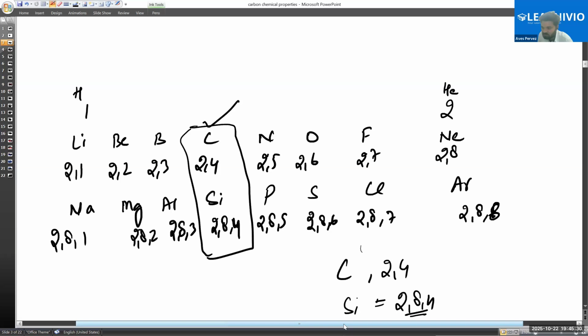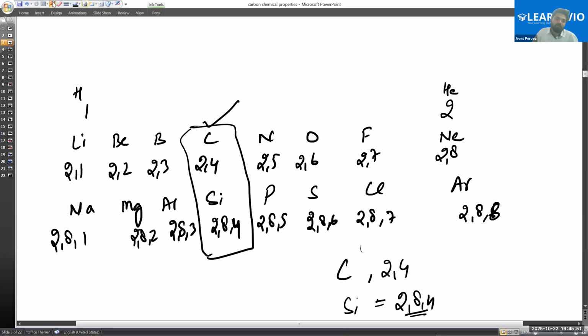It cannot make strong bonds because the effective nuclear force decreases, as the size of the atom increases with an extra shell. Are you getting my point? The size of the atom increases as we increase the number of shells.